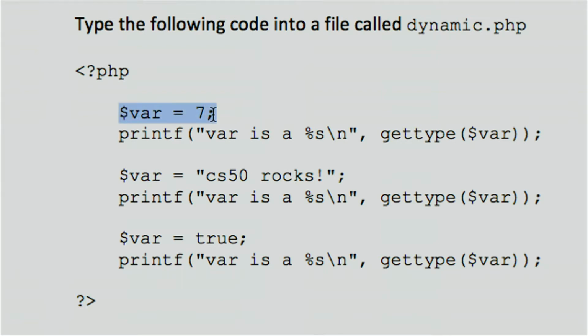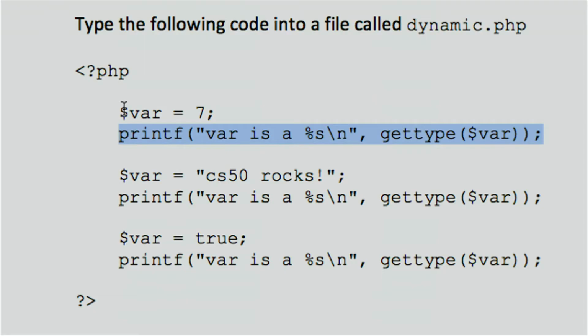In the first line of code, we initialize this variable $var to be equal to 7. And then we have this printf line that just says, hey, printf var is blank. Printf is one of the many ways we can print things in PHP. Often you'll see the echo function used instead of printf, but printf we're all familiar with, having been coding in C for a while. So what you can actually do is, let's see if copy and paste works.